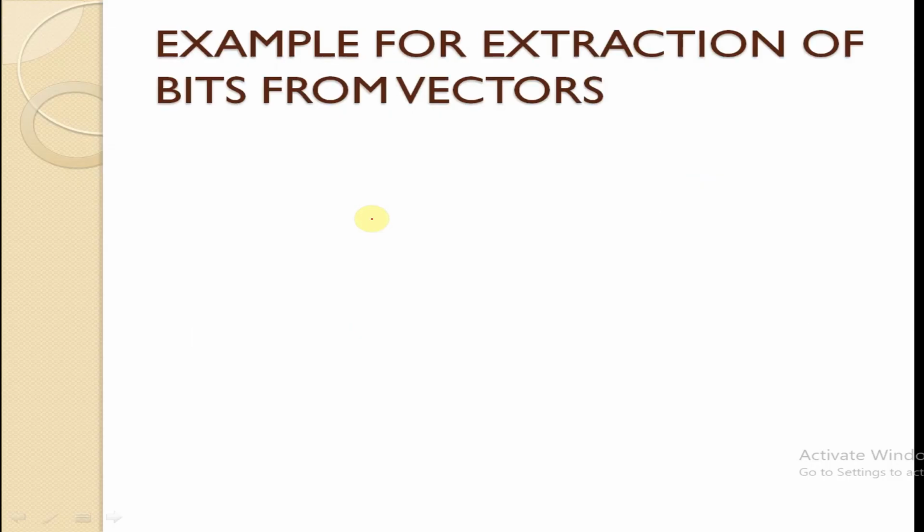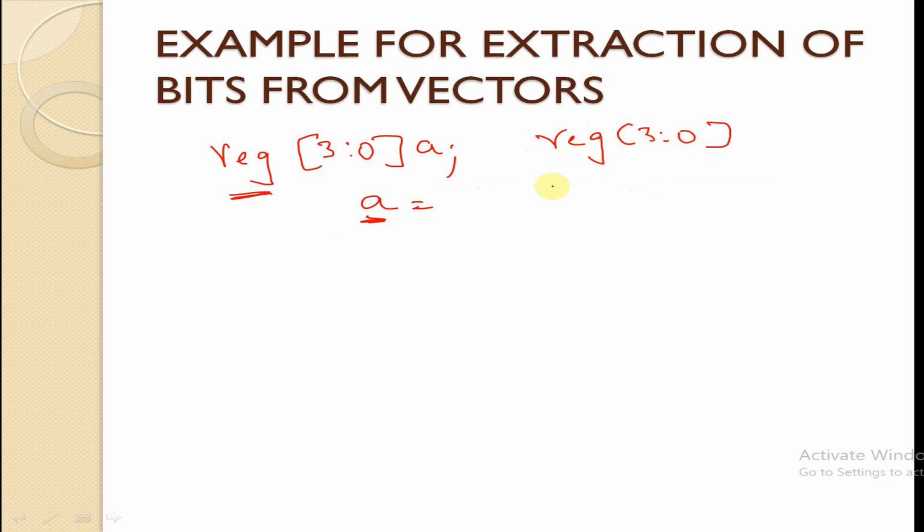For example, if we declare a vector 3 down to 0 A, and we store a value in A, it is a reg, so I am directly storing it. But generally speaking, if we declare any reg 3 down to 0, then we cannot simply assign it.